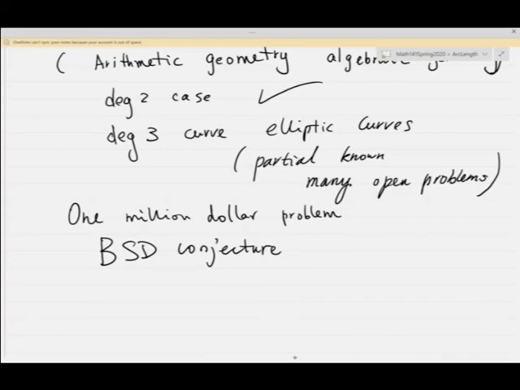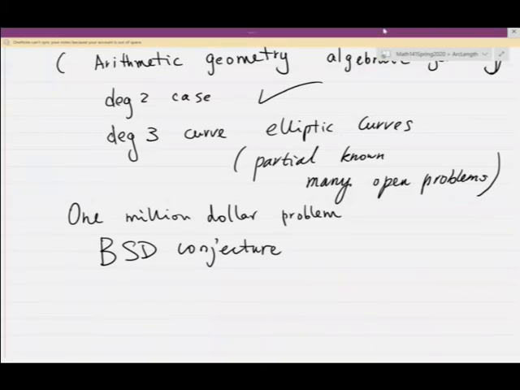Another application of these rational points on elliptic curves is cryptography, or information security. Right now, for information security, the algorithms we use are actually based on elliptic curves. What's the idea?